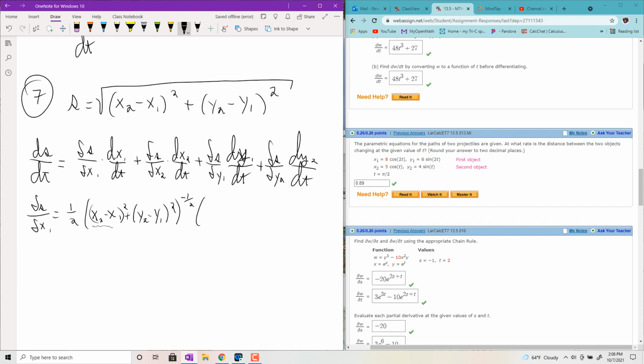So the only part that would really matter is this part here, and that's going to be 2 times x2 minus x1 to the first power, from the power rule, times the derivative of x1, which in this case is -1.